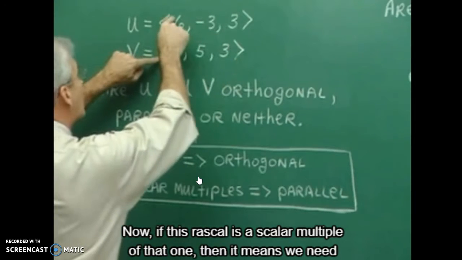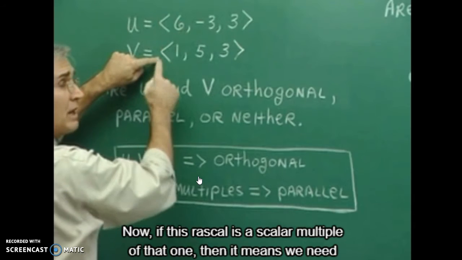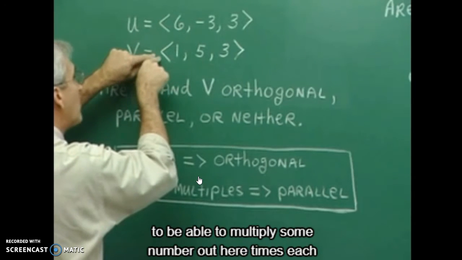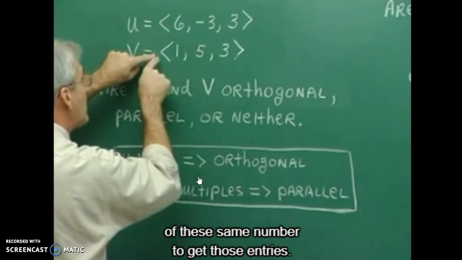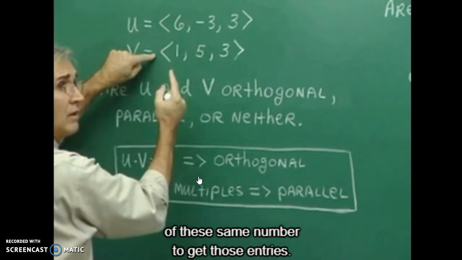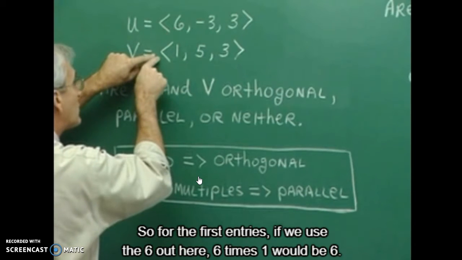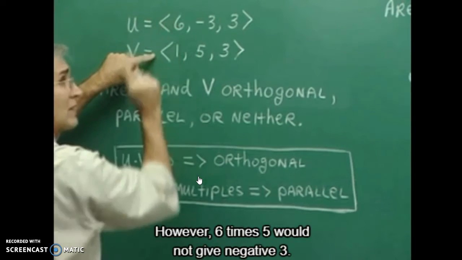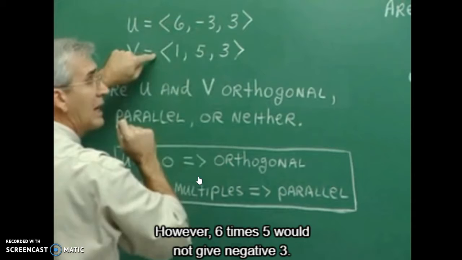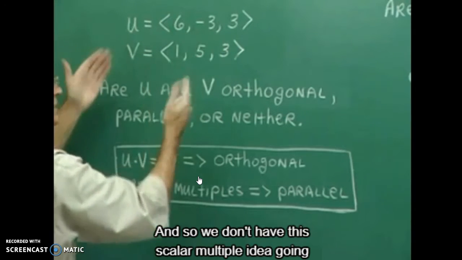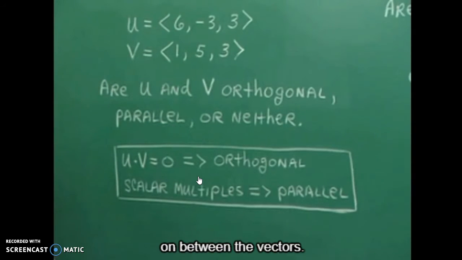Now, if this one is a scalar multiple of that one, then it means that we need to be able to multiply some number times each of these, the same number, to get those entries. So for the first entries, if we used a 6 out here, 6 times 1 would be 6. However, 6 times 5 would not give negative 3.